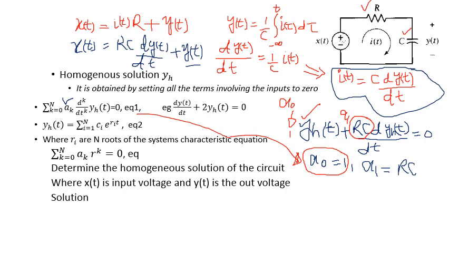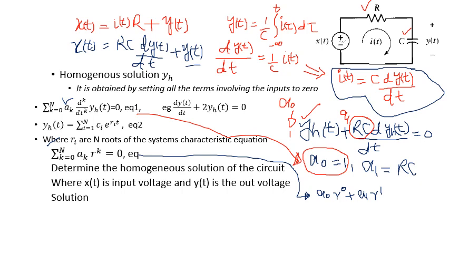Now to find the roots of the characteristic equation, we have a0 plus a1 r equals 0. That's all, because it's a first order equation, so n here is 1 and it can go up to 1.